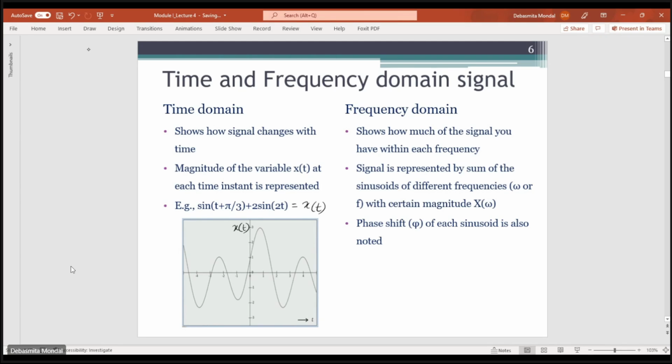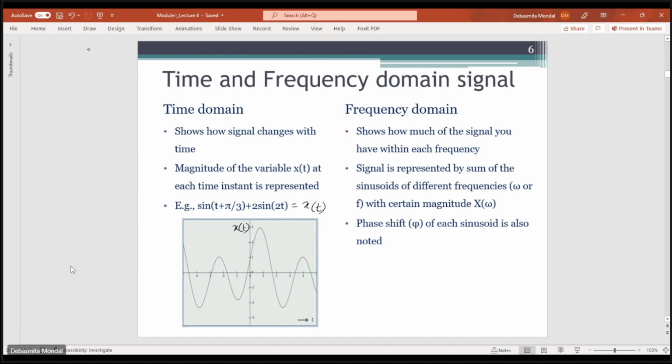Then on the x-axis you will have time, and on the y-axis you will plot the value of x(t). You will substitute different values of t, find the overall magnitude of this function, and plot it, and you will see how the function actually varies at each and every time instant.